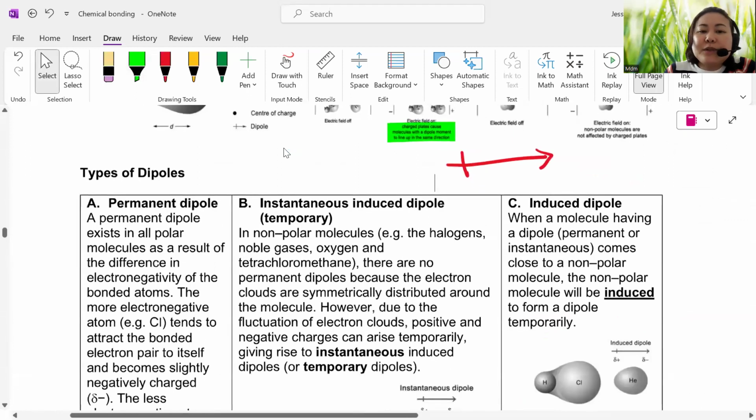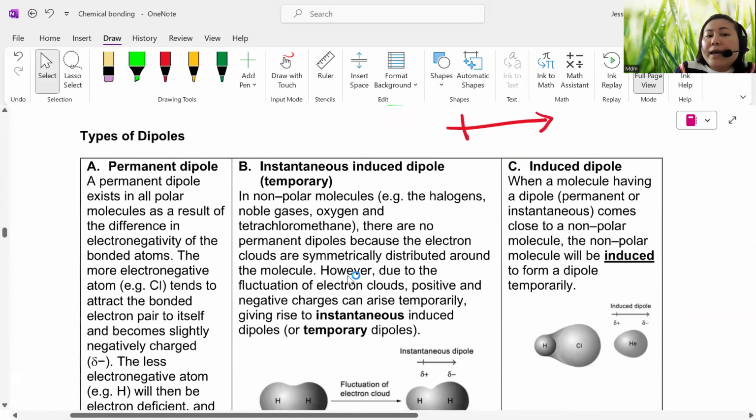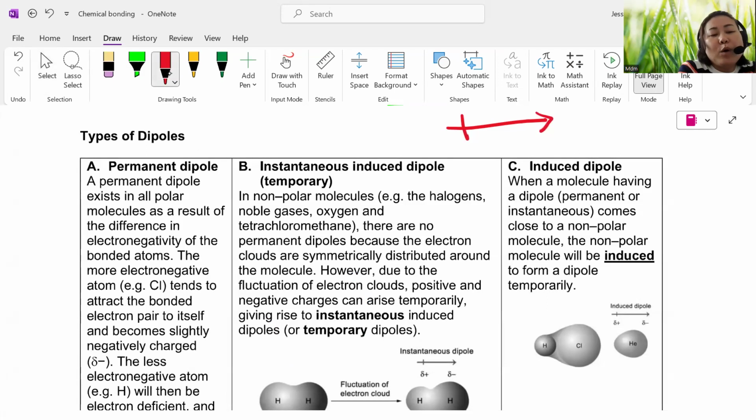There are three types of dipole generally. We have permanent dipole, temporary dipole, and induced dipole. What's the difference between them? A permanent dipole exists in every polar bond or polar molecule. When you have a simple molecule, for example HCl, you will see a permanent dipole present in the HCl molecule.